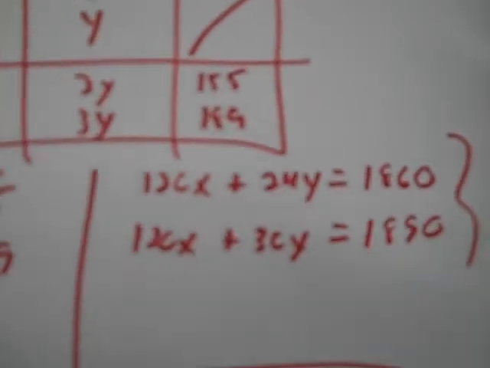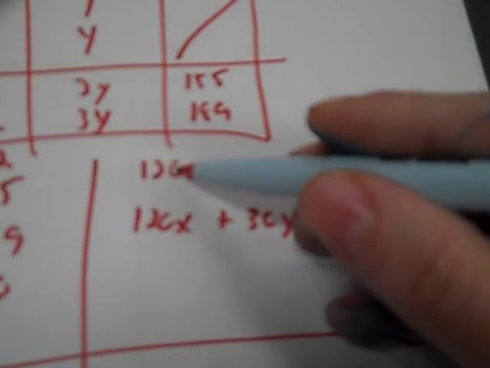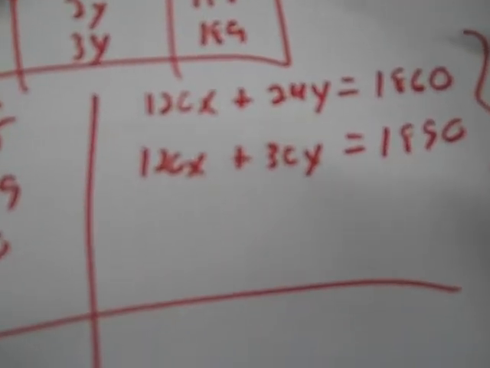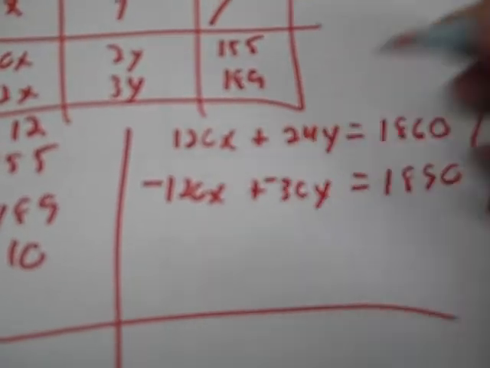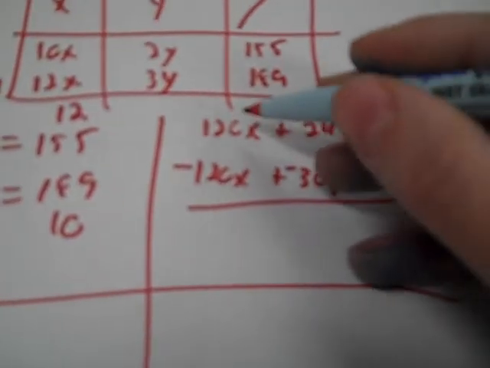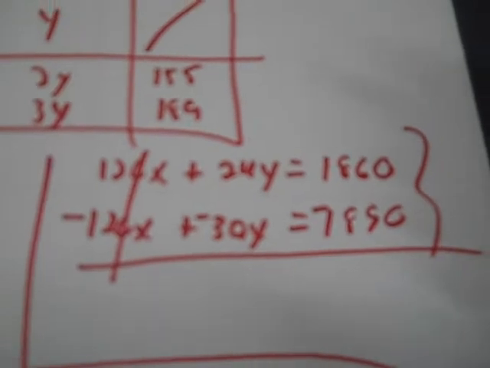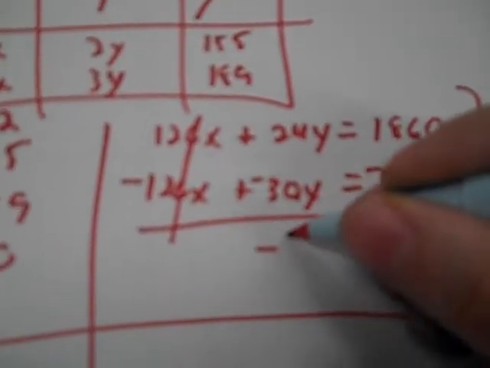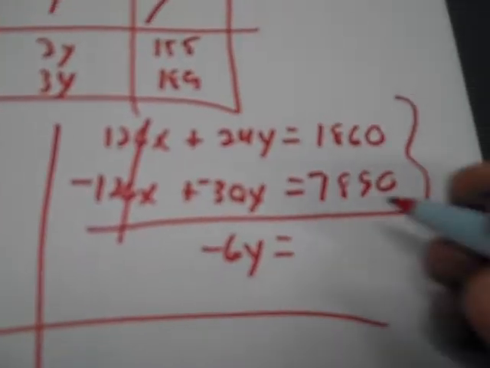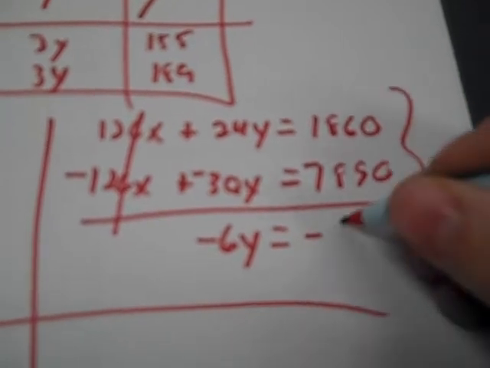Okay, you're going to do the little adding, but 120 plus 120 is not 0, okay? This would have to be negative, so then this is negative and this is negative. Okay, now that deletes the x's from the system. Now I add 24 and negative 30. If you write 54, it's wrong. It's negative 6y. Okay, and here we have a negative 30.